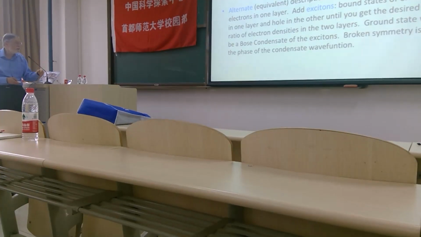The properties of the system are very similar to that of a superconductor, a superfluid of excitons. Excitons flow without any resistance: there's neither Hall resistance nor an ordinary resistance, and the voltage is the same in the two layers. But you can have currents flowing in opposite directions in the two layers, and it goes without resistance.